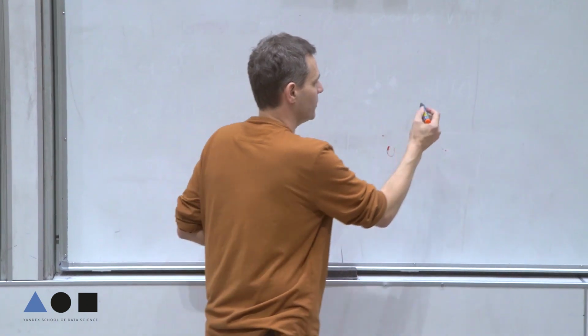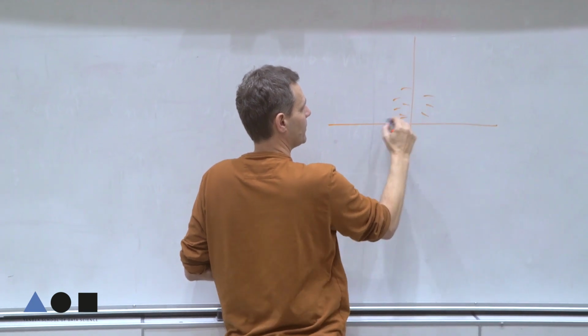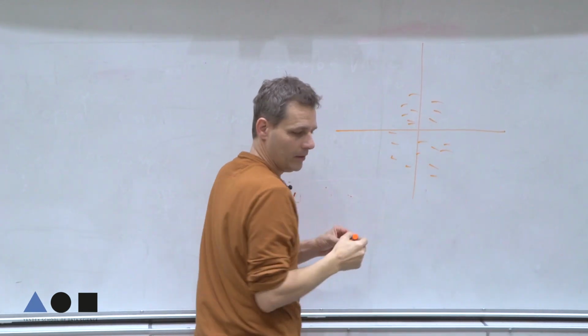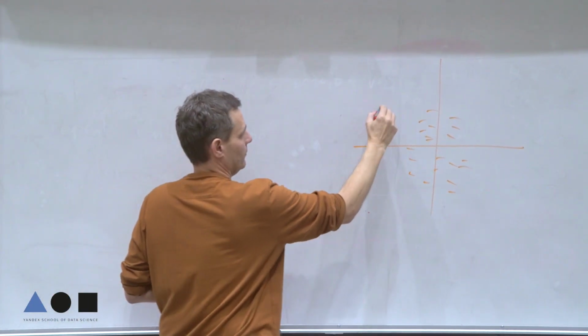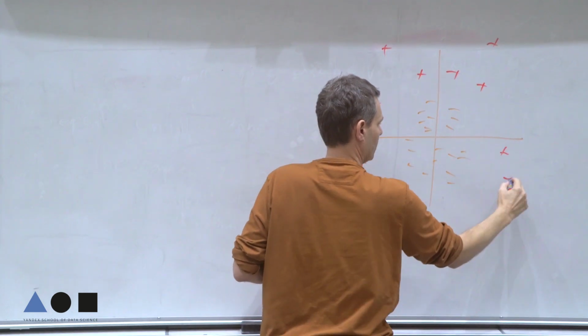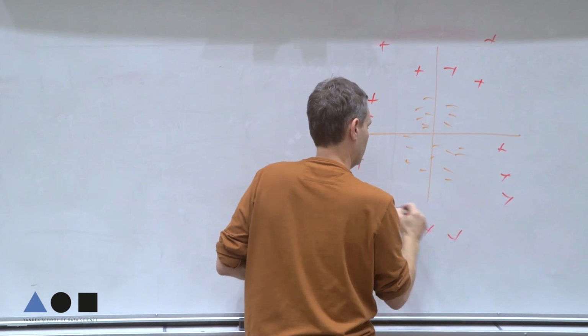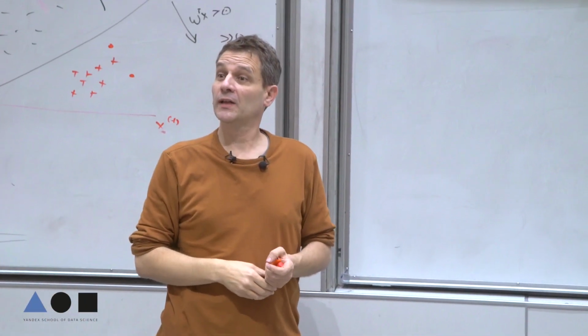Let's say we have a lot of minuses here, and we have a lot of pluses around. What would be a good classifier?